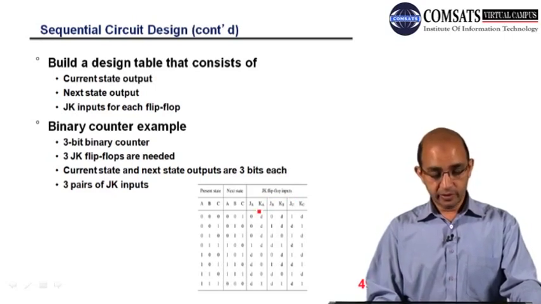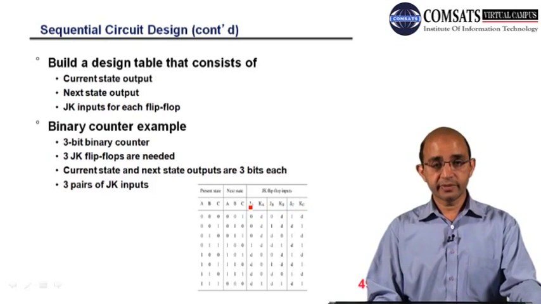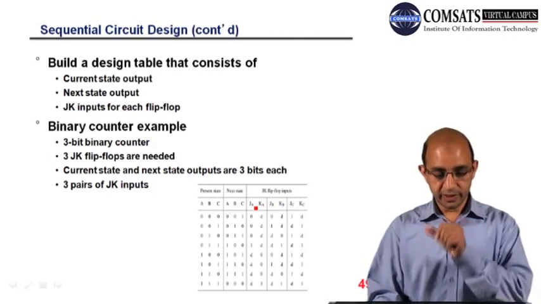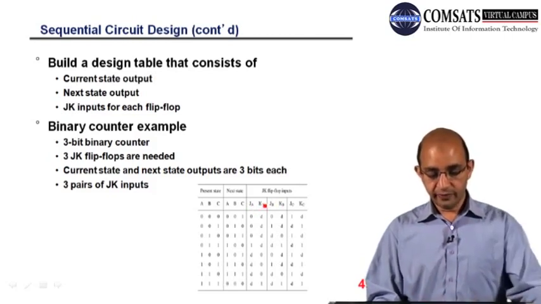You can see we have 3 different values, ABC. So we have to mention JA, KA, JB, KB, JC. The first letter mentions the type of flip-flop, and the second letter is a unique alphabet mentioning the flip-flop.